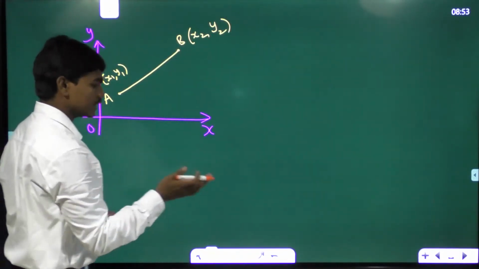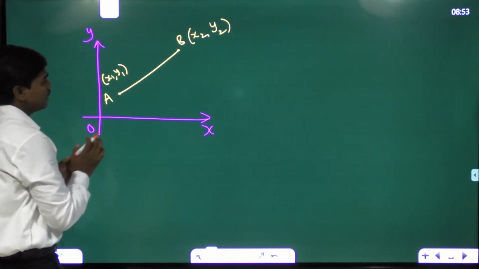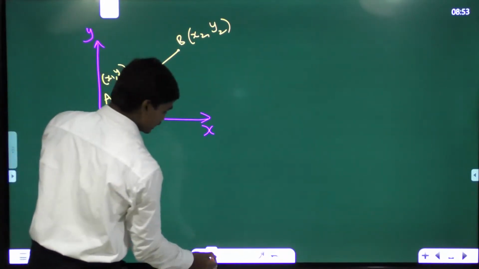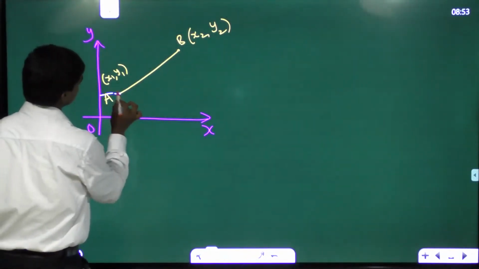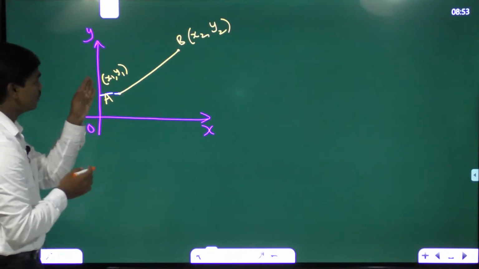Now see here carefully. If this point here is x1, y1, what is this distance denoted by the white line? Basically the distance between this point and the y-axis.